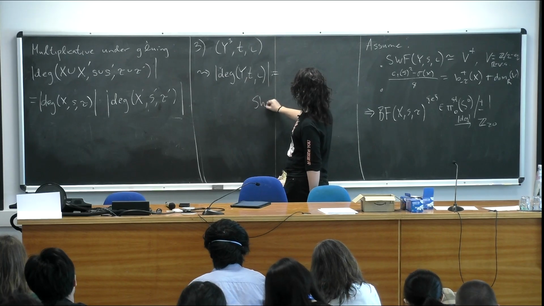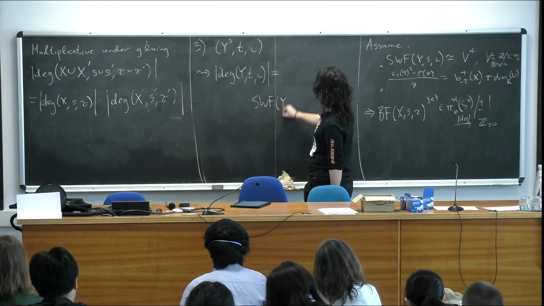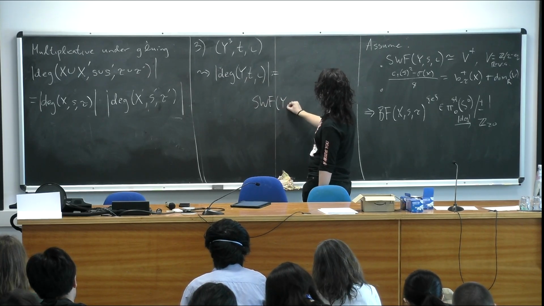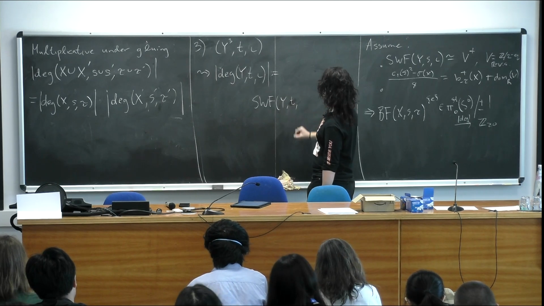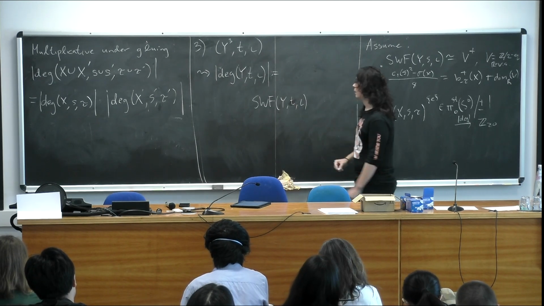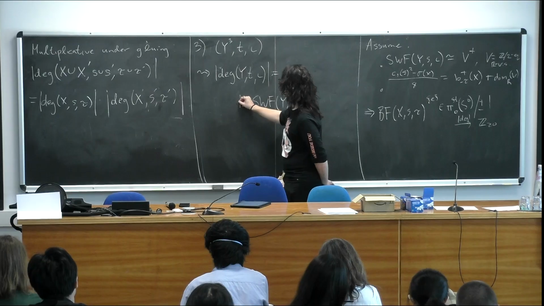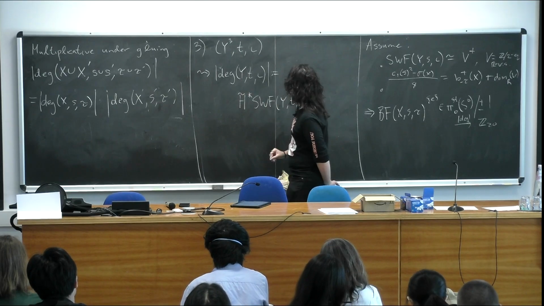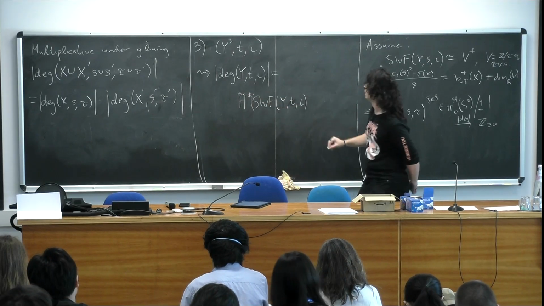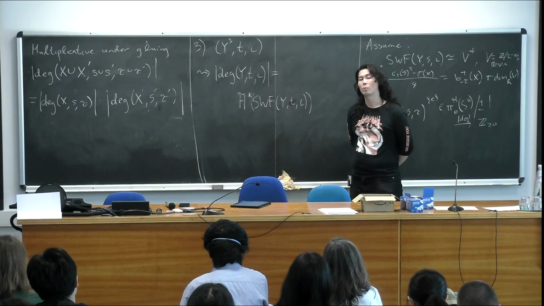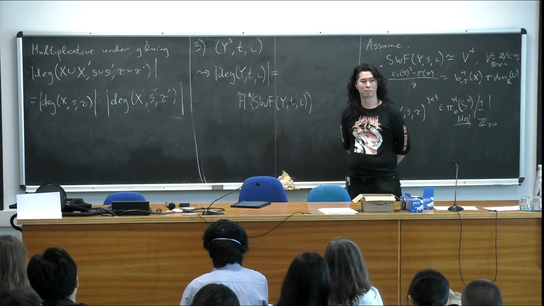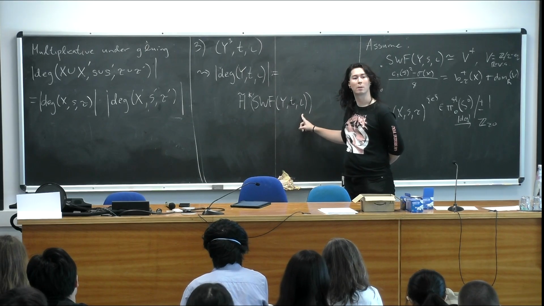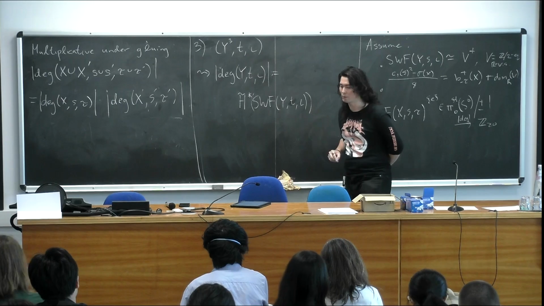Okay, so I have the real Seiberg-Witten Floer stable homotopy type of this tuple, Y, tau, iota. And then I can take reduced non-equivariant cohomology. This is Z2 equivariant, but I'm going to only take the non-equivariant homology.